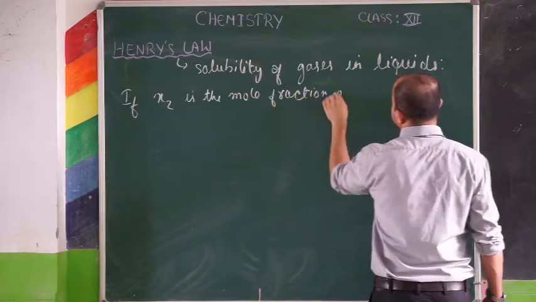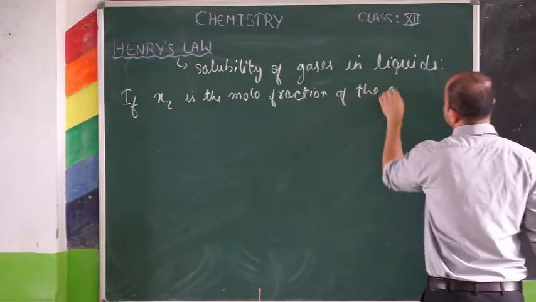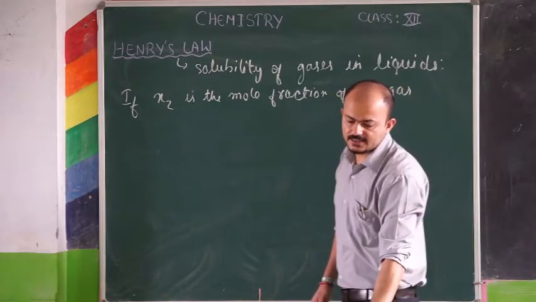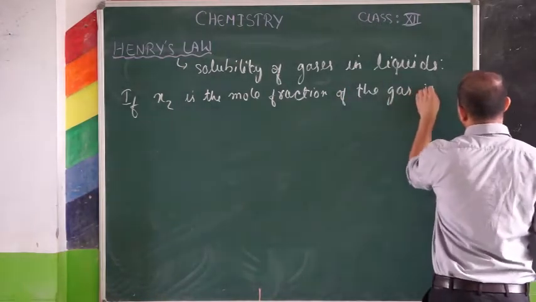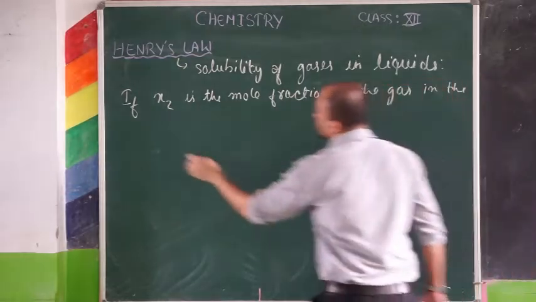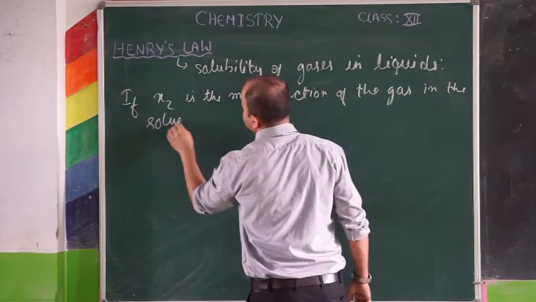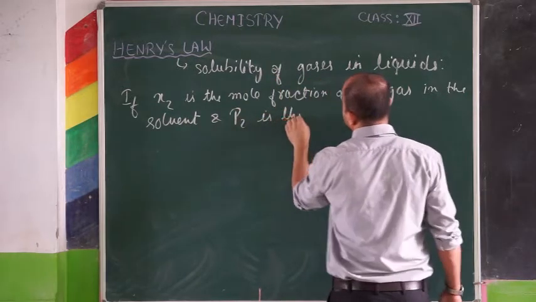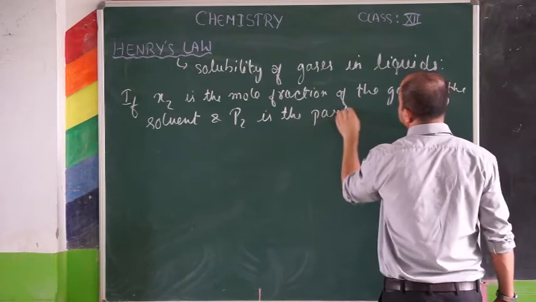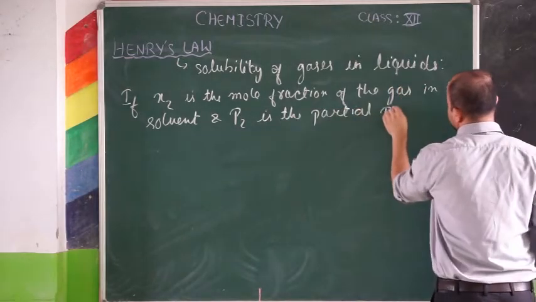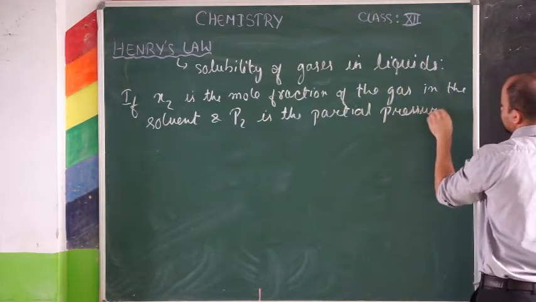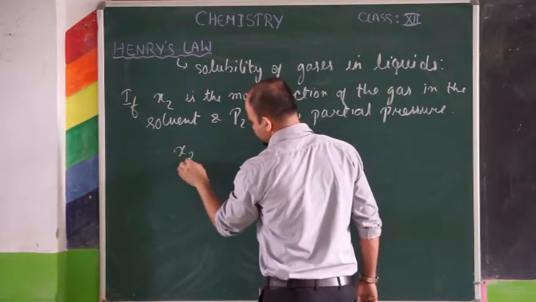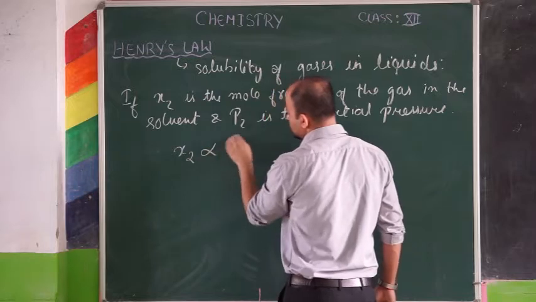If X2 is the mole fraction of the gas in the solvent and P2 is the partial pressure of the gas, then from Henry's law we can say that X2 is directly proportional to P2.